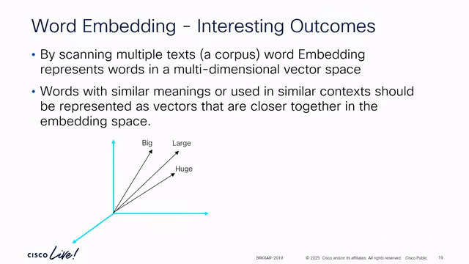For example, words that are similar, like big, large, huge, are all going to be grouped in the same space. Different words like math, numbers, calculus, they will be in the same space. Words that are their opposites, like big and small, will appear on opposite sides of this semantic space.